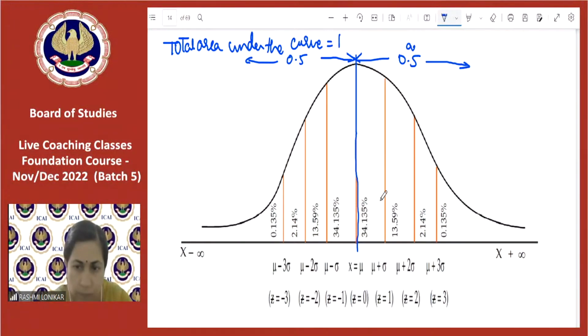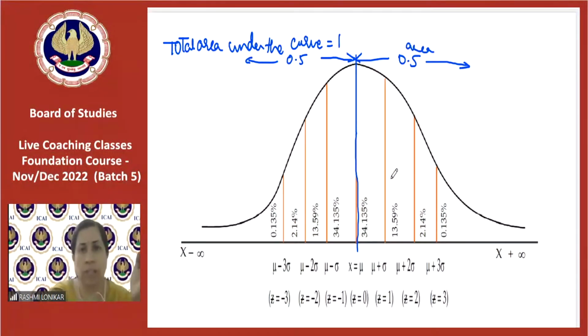Now what happens is, I want to know what is the variation. My mean is at x is equal to mu, that is my symmetry.